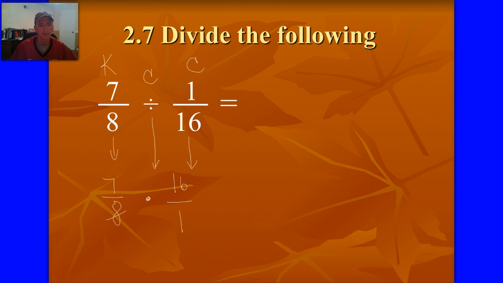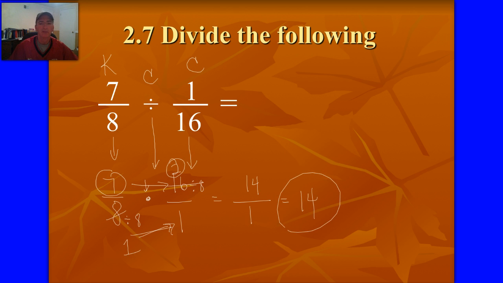Okay, 8 divided by 8 is 1 because 16 divides by 8, which gives me 2. So you now have 7 times 2. It's your top number, 14. 1 times 1 is 1. Because remember, when we multiply, you just multiply straight across. 14/1 or 14.